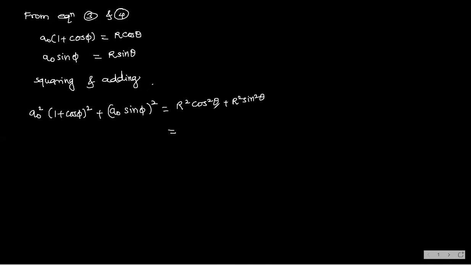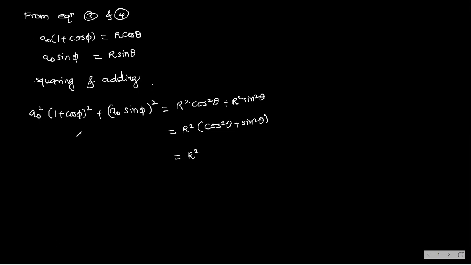But I can take r square common. What is left? Cos square theta plus sin square theta. This identity is very simple. We know this value is 1. And this is equal to r square. Yes. Very good.